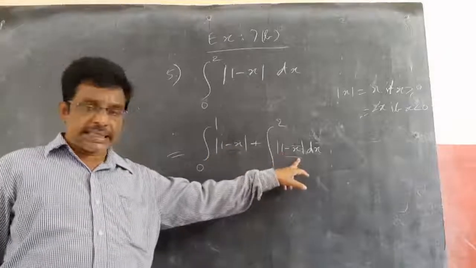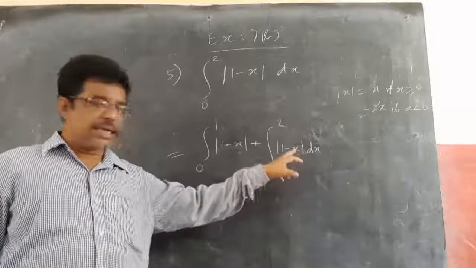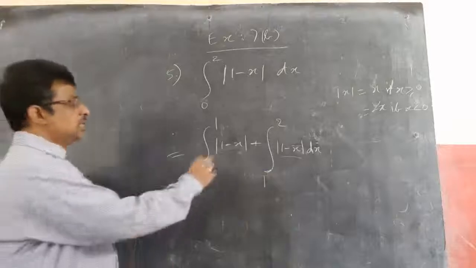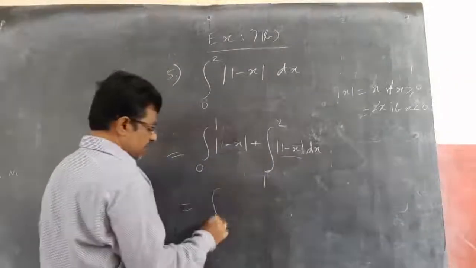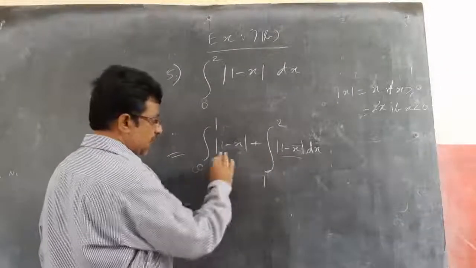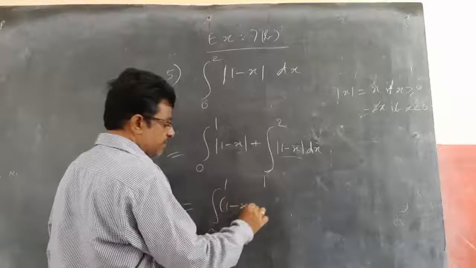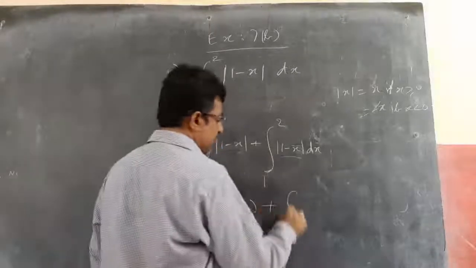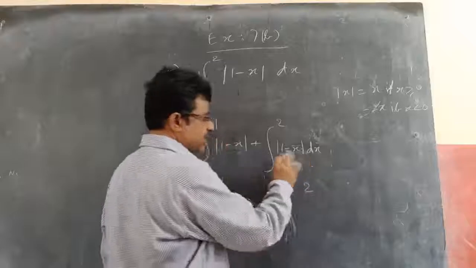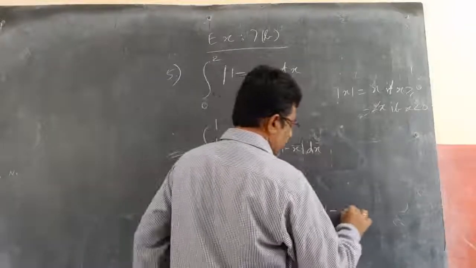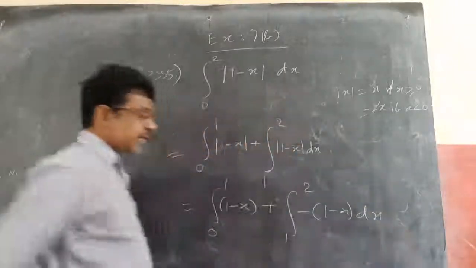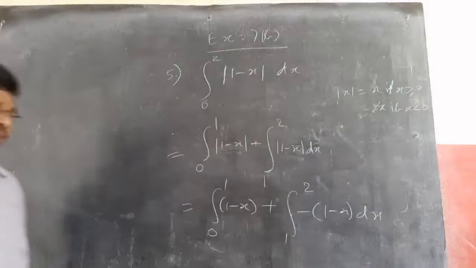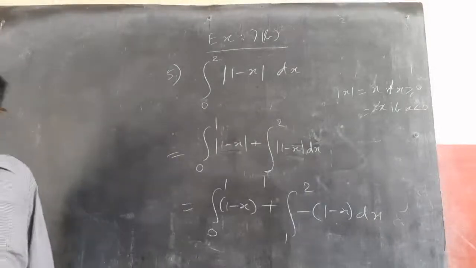But for x more than 1, 1 minus x is automatically negative. So this is positive, this is negative. So from 0 to 1, mod is plus 1 minus x dx. Here from 1 to 2 the function is negative, so instead of mod you write minus of 1 minus x dx.